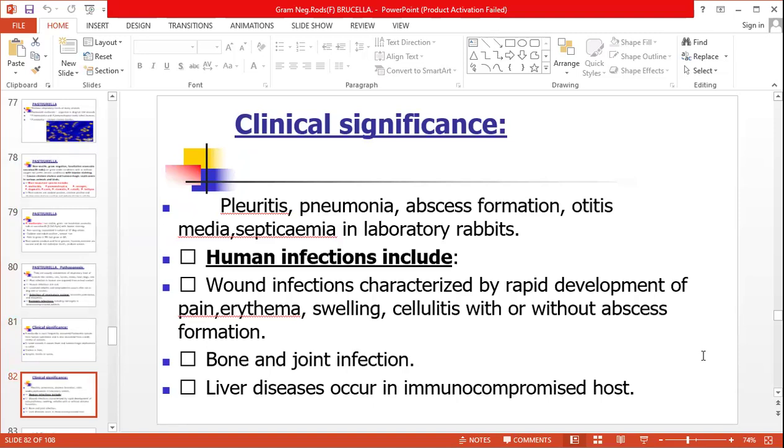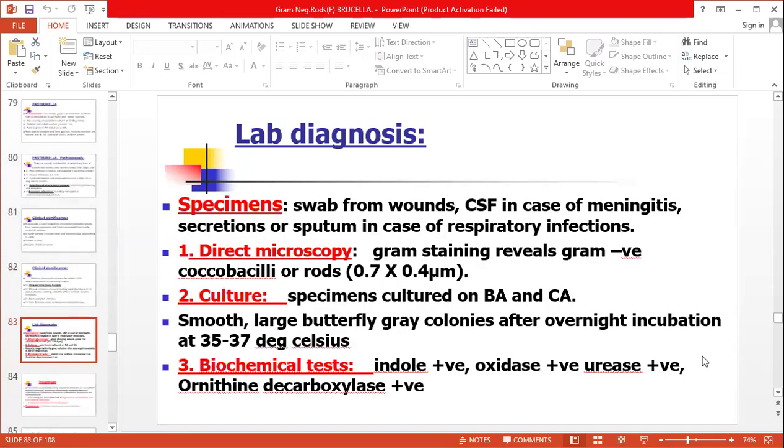Human infection includes wound infection, characterized by rapid development of pain, erythema, swelling, cellulitis with or without abscess, and also bone and joint infection. Liver disease occurs in immunocompromised hosts.